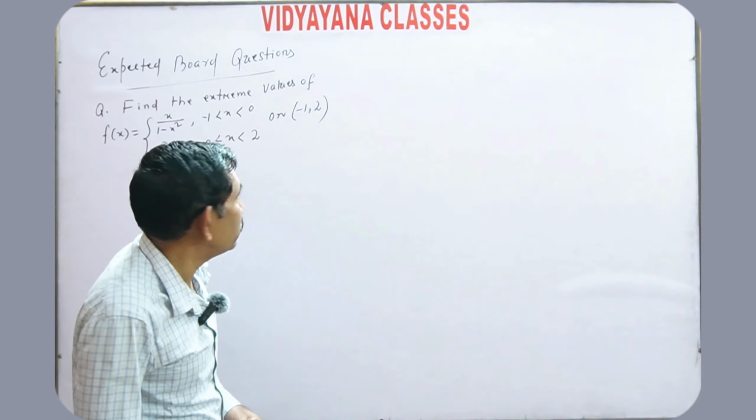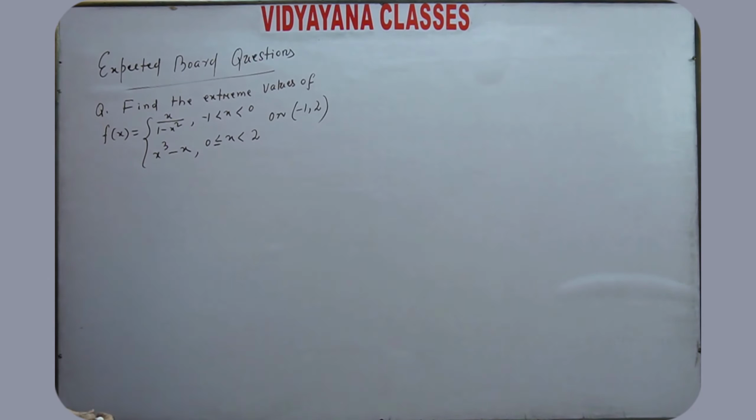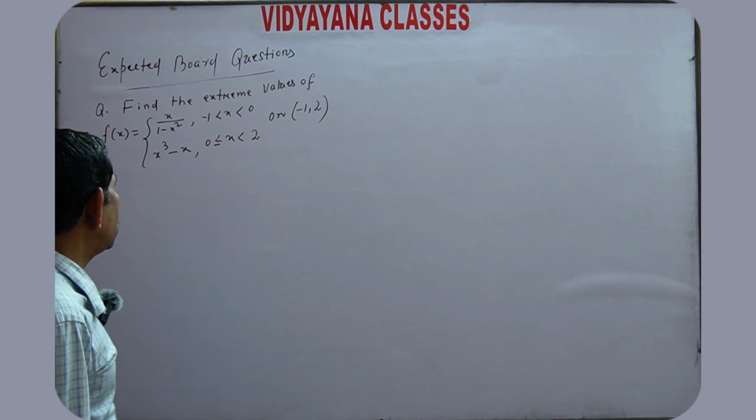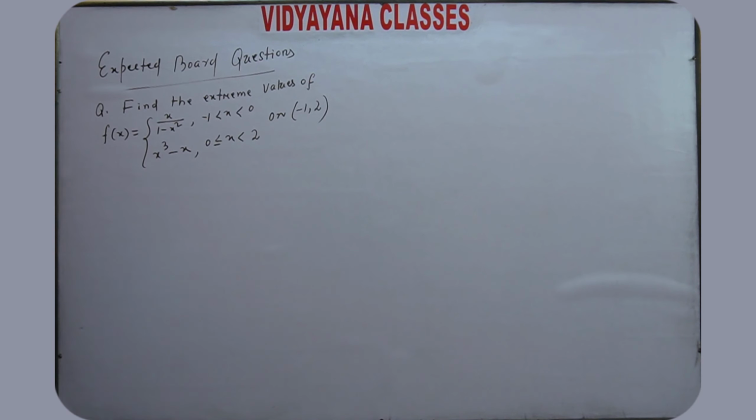Next question. Find the extreme values of f(x) equal to x divided by 1 minus x square when x is greater than minus 1 and less than 0, and x cube minus x when x is greater than or equal to 0 and less than 2, on the open interval minus 1 to 2.